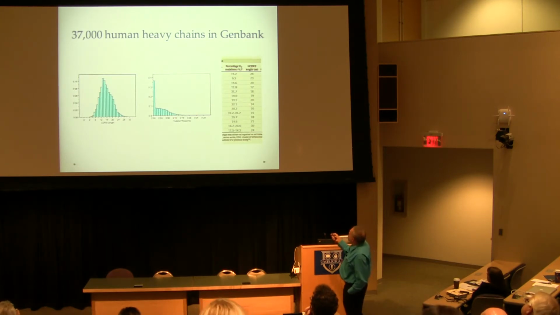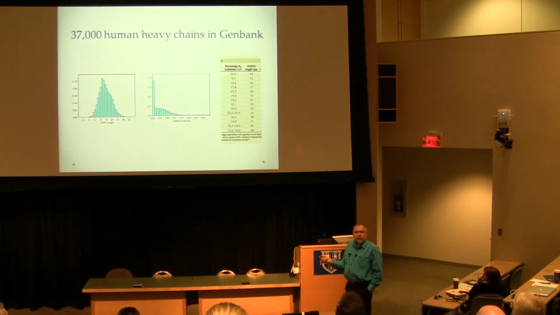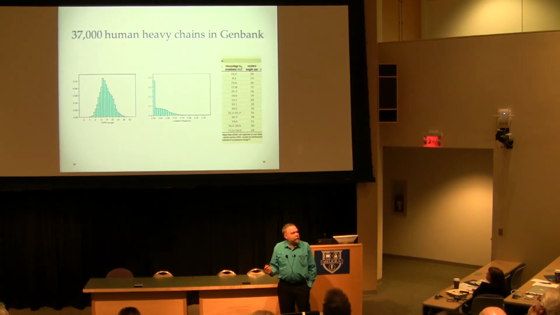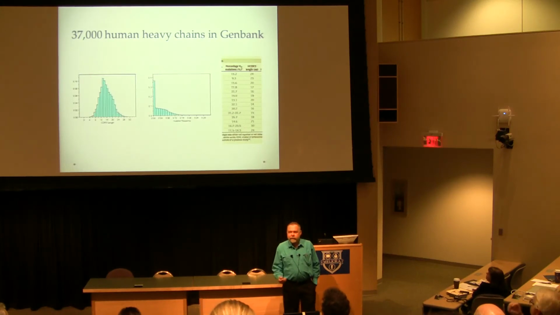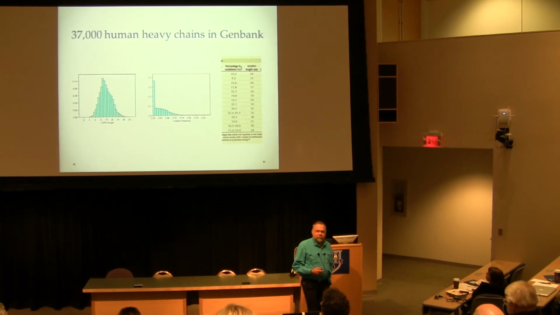And now compare it to here with our broadly neutralizing anti-HIV antibodies. Almost every one of these lies way out here in the tail. So for reasons that are not yet clear, almost all of the broadly neutralizing antibodies have accumulated very, very large numbers of mutations. So affinity maturation is without doubt working here.